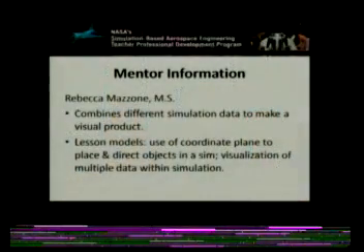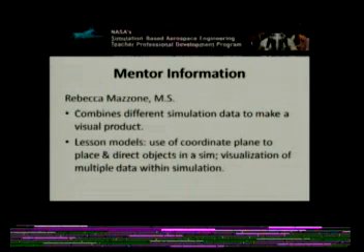And we've had the pleasure of working with Rebecca Mazzone, a computer programmer here at NASA. She works to combine different simulation data to make a visual product of what's going on with different simulations, and we are modeling that in our lesson with the use of the coordinate plane to place and direct objects in a simulation and to visualize multiple data and multiple metrics within a single simulation.